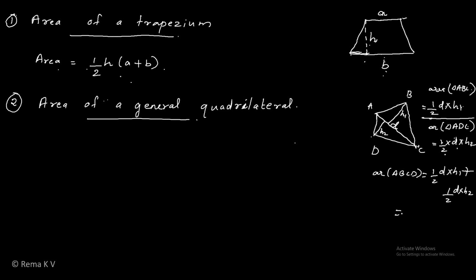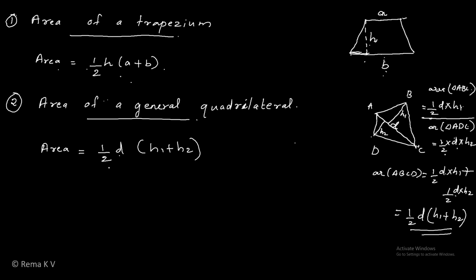Half D is common. What is remaining? H1 plus H2. This is the formula for finding the area of any quadrilateral: half D into (H1 plus H2).